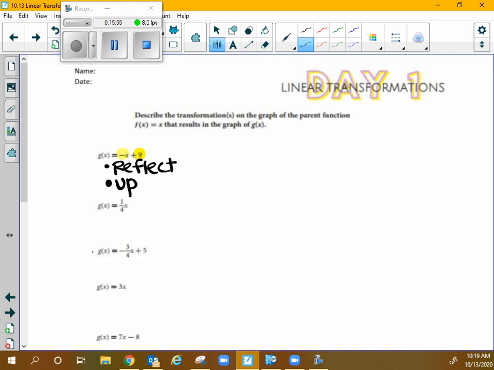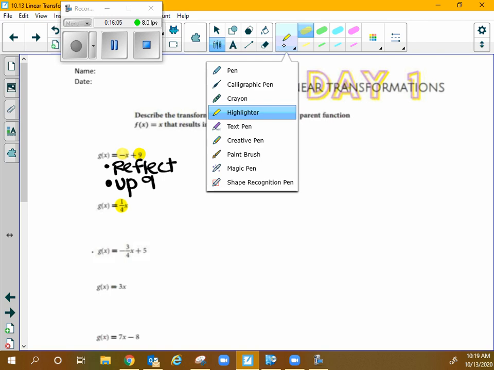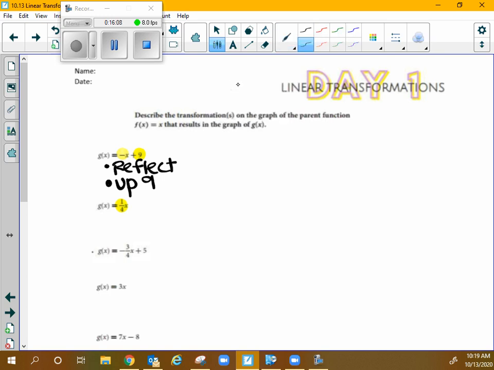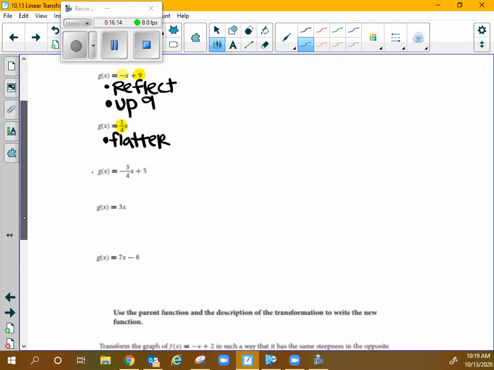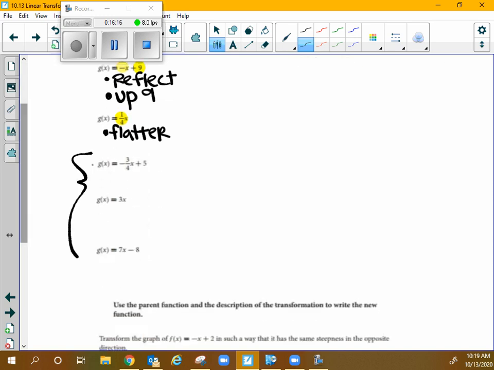Good. How many transformations occurred in the second one? 1. What happened? It was flatter. All we have to say is flatter. Okay? You guys do the last 3.